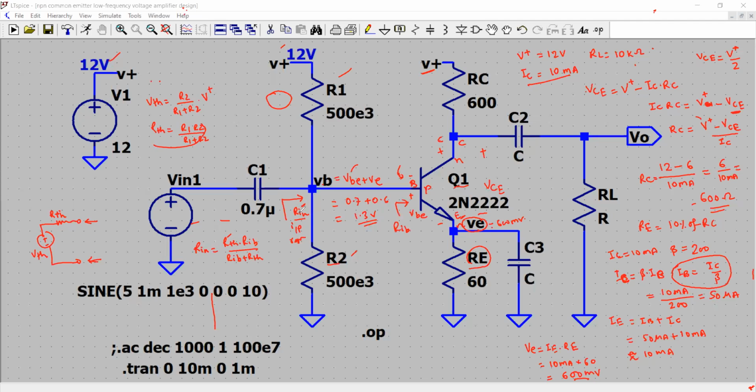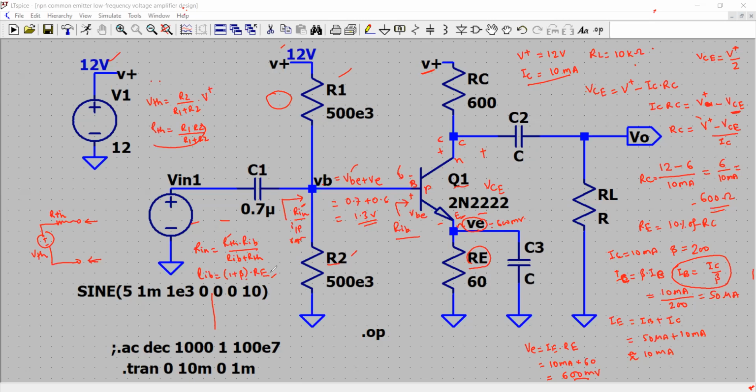The value of RIB can be given as 1 plus beta times RE.